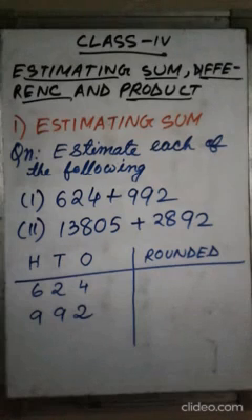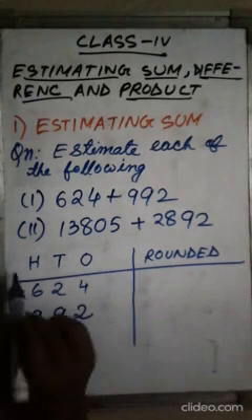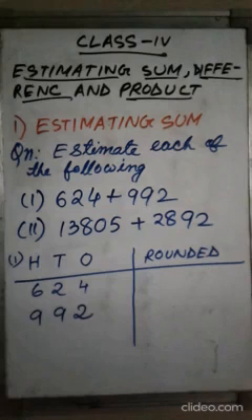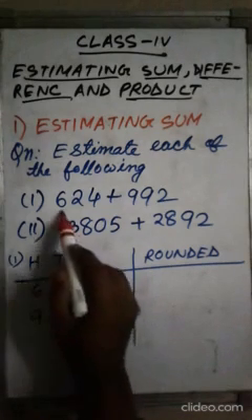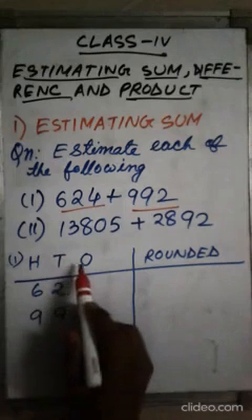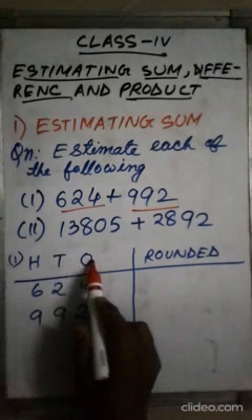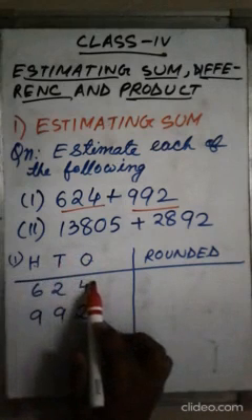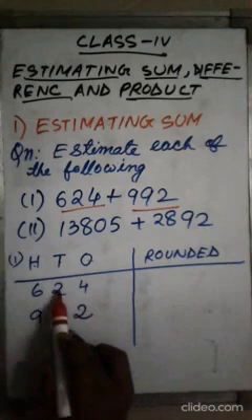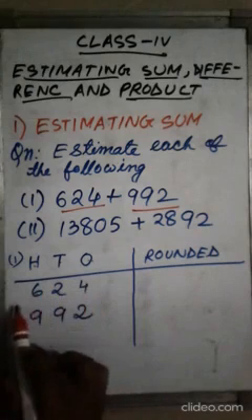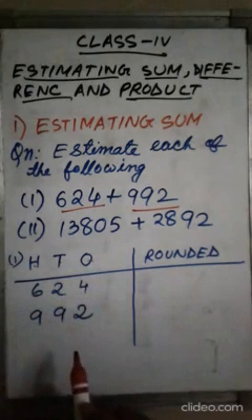For solving the first question, I have drawn the place value chart for both the numbers. As both the numbers are 3-digit numbers, it will be up to ones, tens and hundreds. Putting the digits in respective places, I have put the 2 numbers in the place value chart.